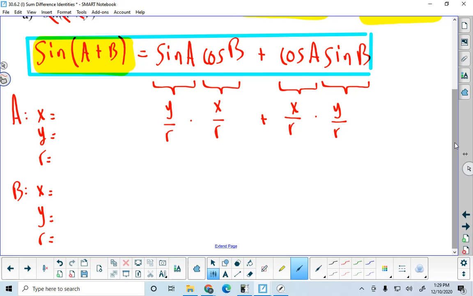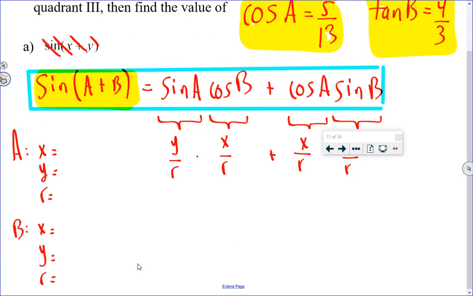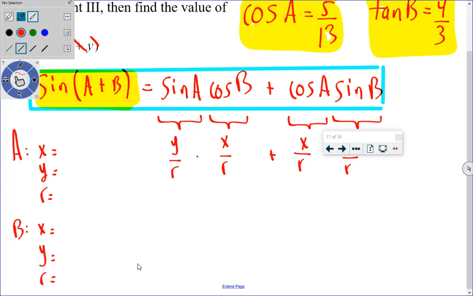So now let's start figuring out what x, y, and r are equal to. Look at what we've set up here. I can't point, so I'll do some more highlighting. I'll use the very offensive pink color, offensive to your brain.